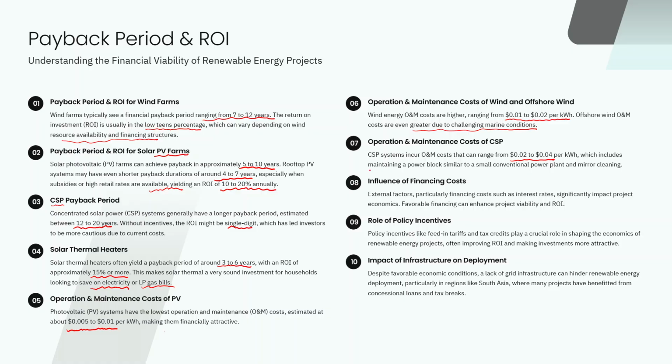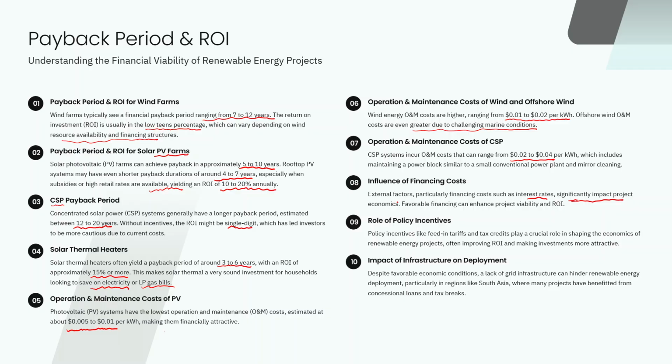And there are various other external factors that influence the financial cost, right? Such as interest rates, which can have a very significant impact on the project, and then there could be some political reasons as well, right?